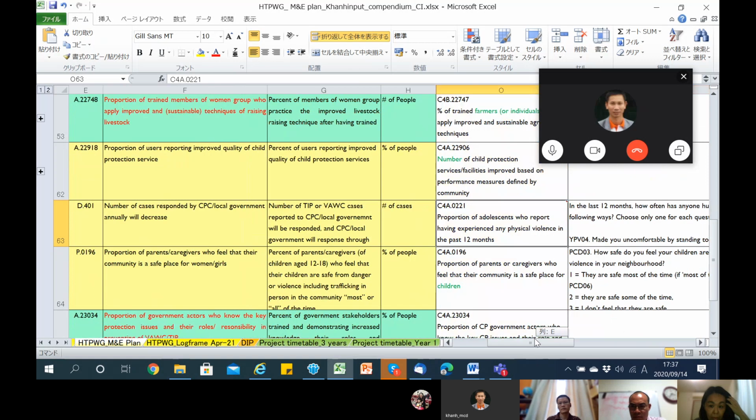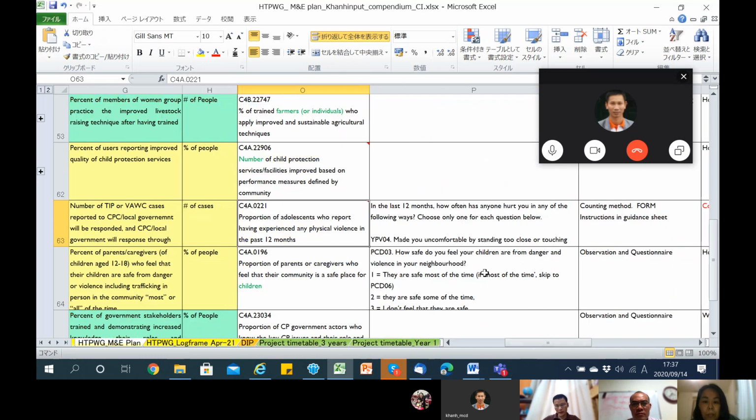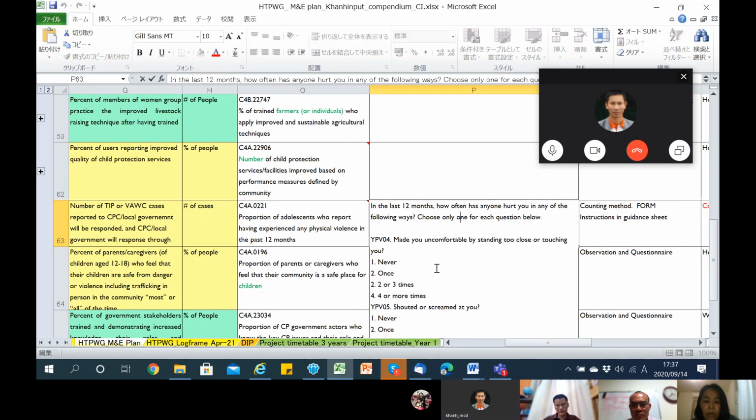So the compendium indicator only focuses on the adolescents, but we have to expand the target because it's not just for the adolescents. But the current tool that we have is this.